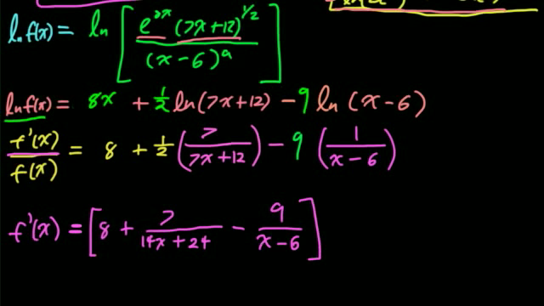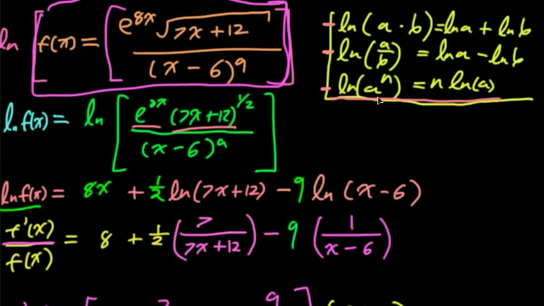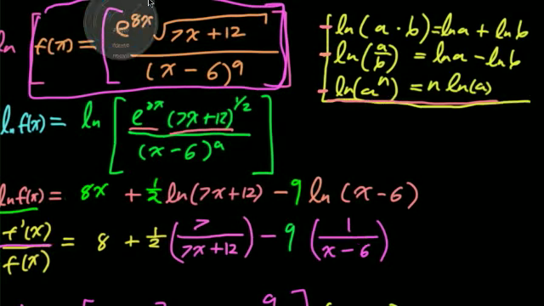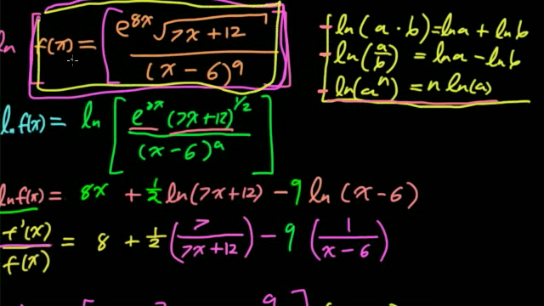And then all we're going to do is multiply this times the original function, our f of x. And so what is our f of x? It's right here. So we have our f of x explicitly defined in terms of x.